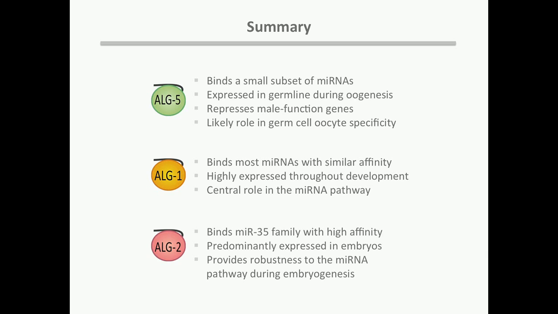And ALG-2 is predominantly expressed in embryos. And so we think ALG-2 is providing robustness to the microRNA pathway during embryogenesis. Its function is actually somewhat redundant with ALG-1 during embryogenesis, as well as into larval stages of development.